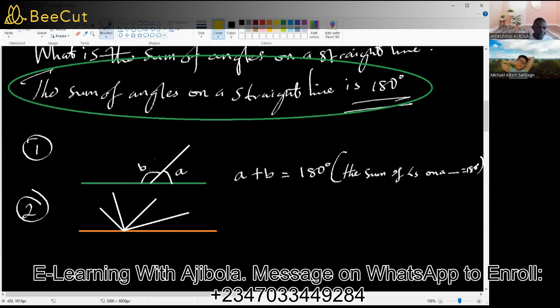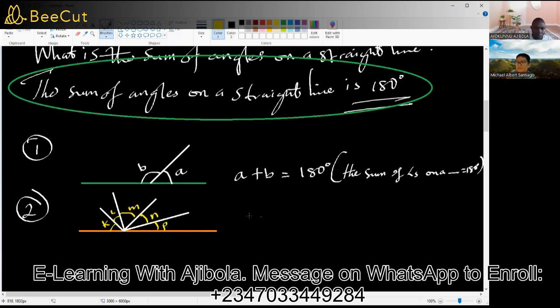Five. So if I call this one angle K, and I call this one angle L, this one angle M, this one angle N, and this one angle P.